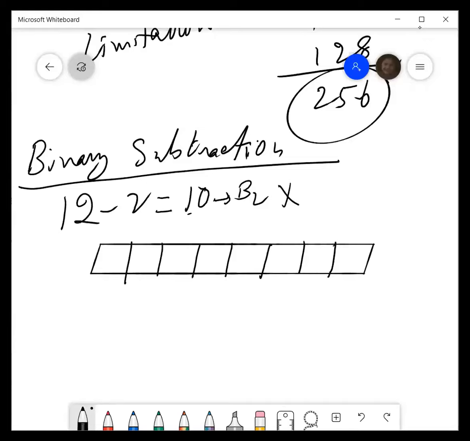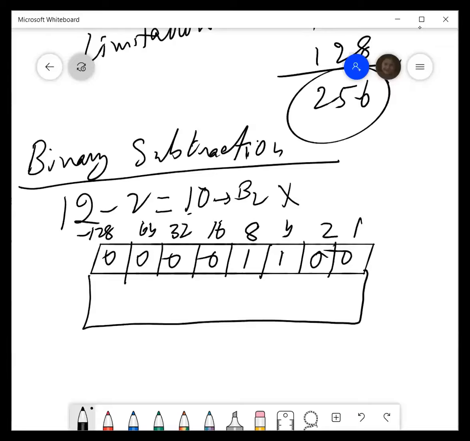as 1 2 4 8 16 32 64 minus 128. So you show 12, which is 1 1 1 1 0 0, and then you show minus 2. Now to show minus 2, you have to take 2's complement.